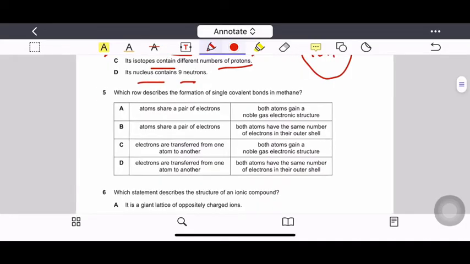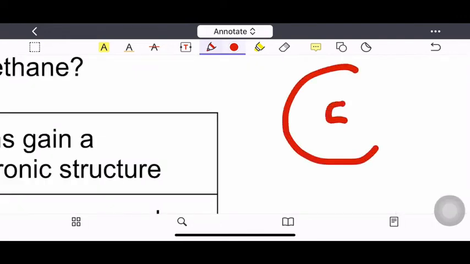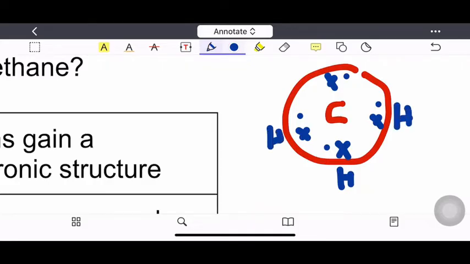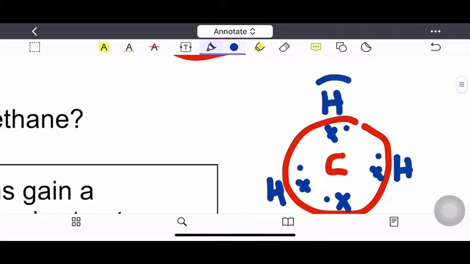Question 5. Which row describes the formation of single covalent bond in methane? Let us see the covalent bonding in methane. One carbon atom is bonded to 4 hydrogen atoms by 4 single covalent bonds.